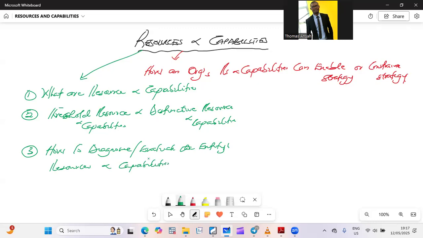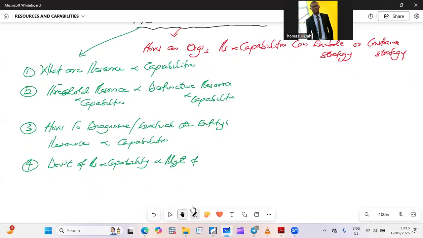Then lastly, we will look at how an entity can develop, so the development and management of resources and capabilities. We can develop some. All right. So these are the 4 major areas of what we are going to look at.